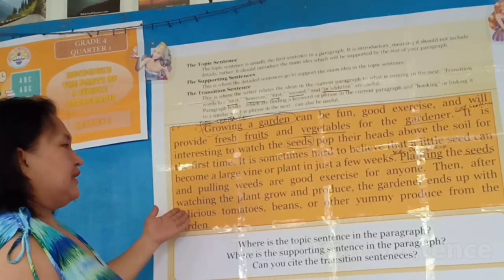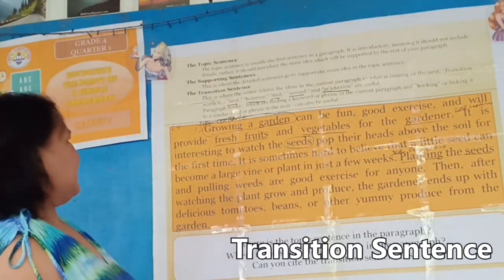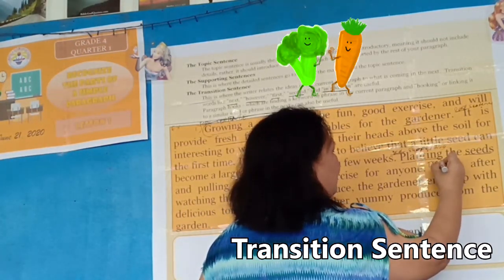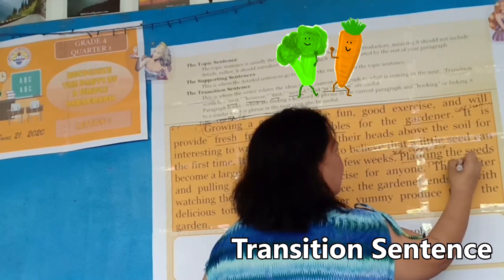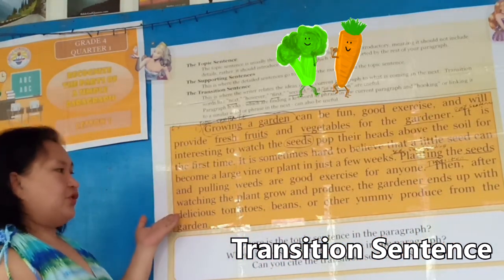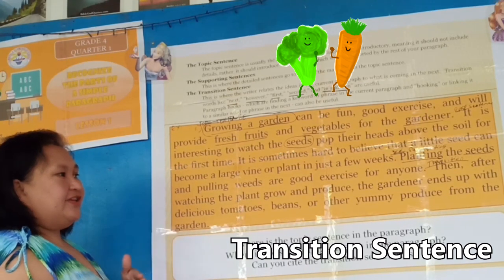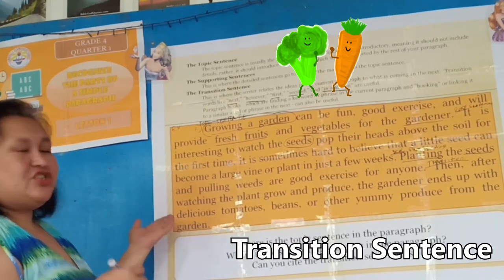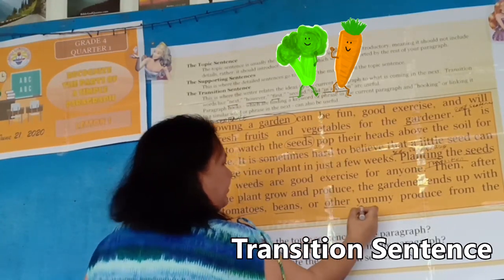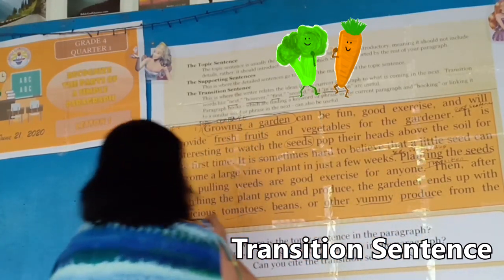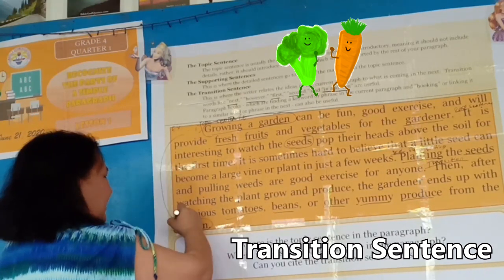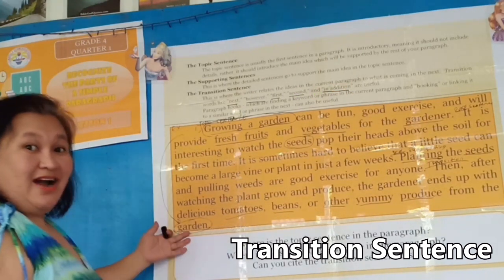And now, the last part, the transition sentence. Then, after watching the plants grow and produce, the gardener ends up with delicious tomatoes, beans, or other yummy produce from the garden. So you begin with the garden and end with the garden.